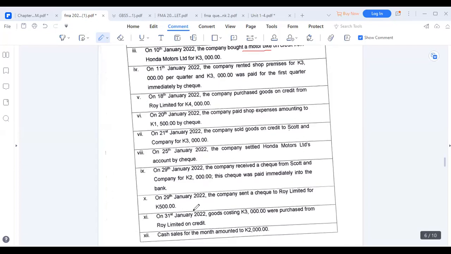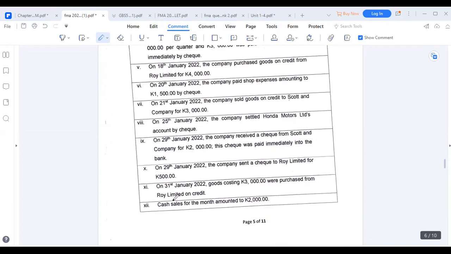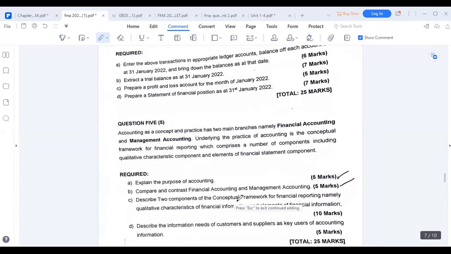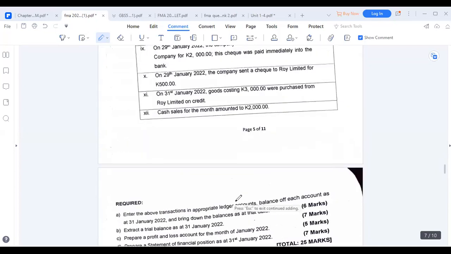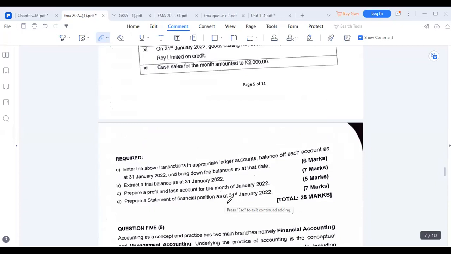On 29th January, the company sent a check to Roy for 500 kwacha. On 31st January, goods were purchased from Roy, and cash sales were 2,000. Then enter the above transactions in the appropriate ledger accounts, balance the accounts at 31st January 2022, and bring down the balances at that date. Extract a trial balance.